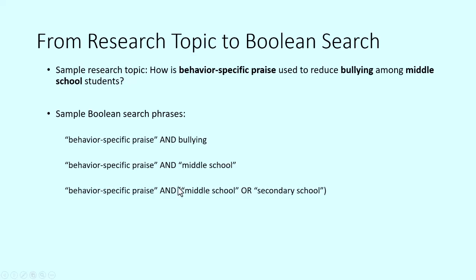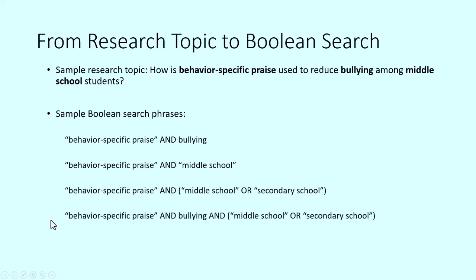So you can use brackets like this to use multiple or alternative terms. Here, every article has to mention behavior specific praise and one or more of these. At least it has to say middle school or secondary school to get the context here. Then we can combine all of these ideas at once: behavior specific praise AND bullying AND middle school OR secondary school.